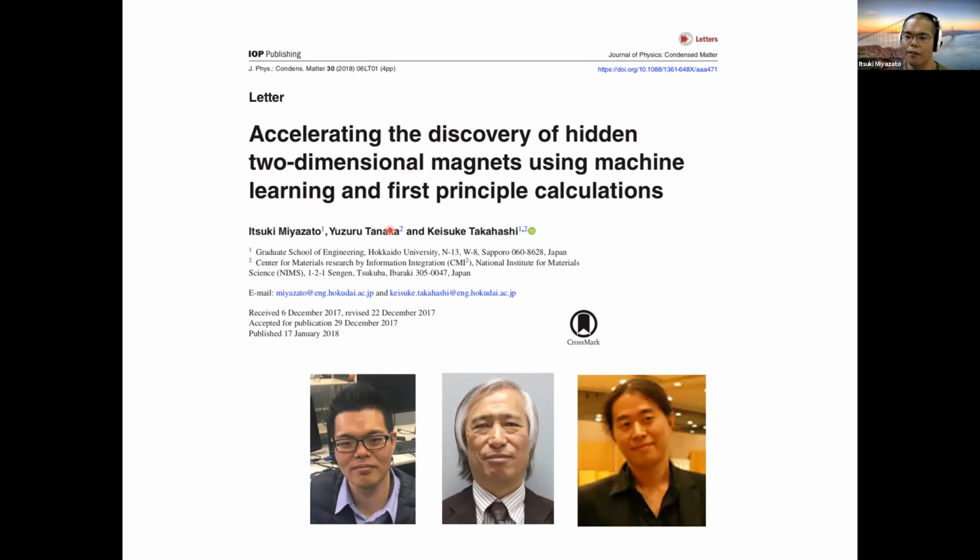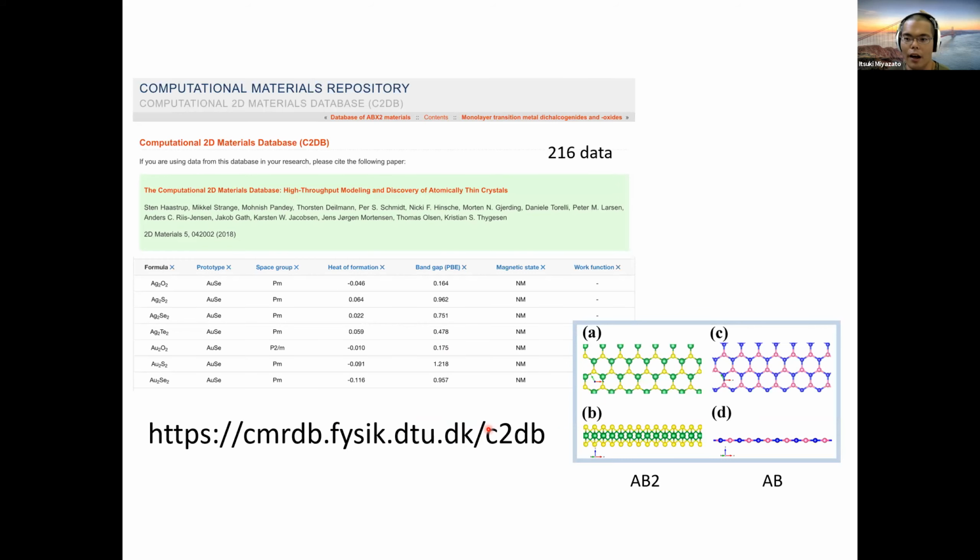Finally, here is one example research on two-dimensional materials design by a materials informatics approach. This research was published in the following article, in collaboration with the following researchers. In this research, novel magnetic two-dimensional materials are predicted by using the following open computational materials database. This database is created by first principles calculation.